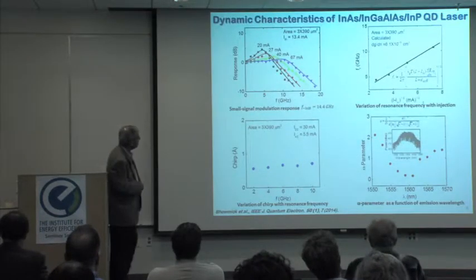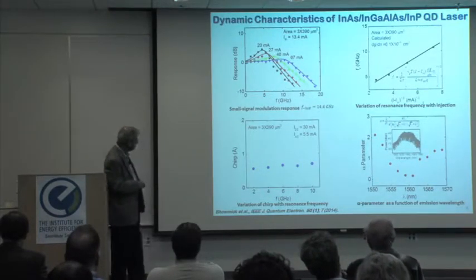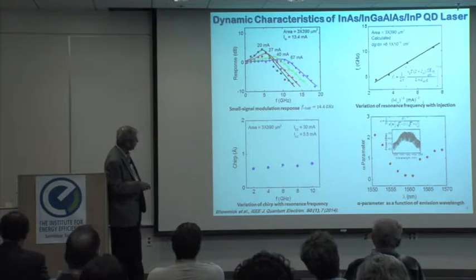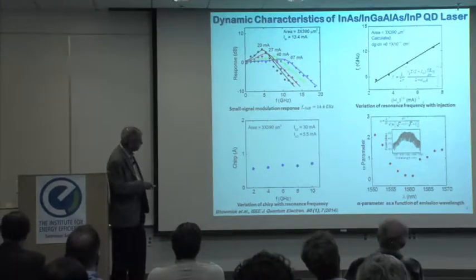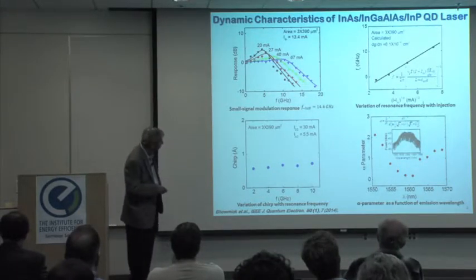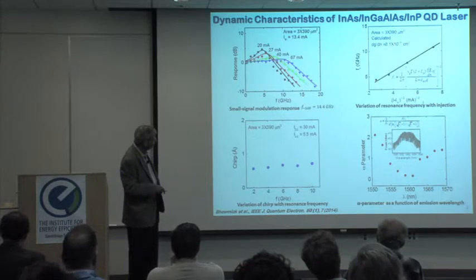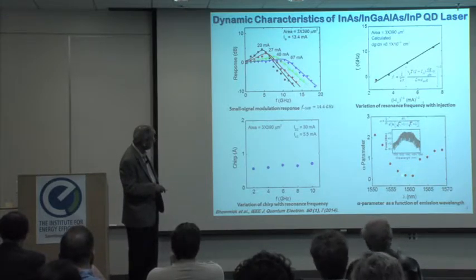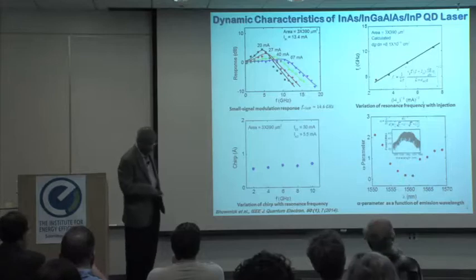You get good modulation bandwidths, very low chirp, and this is the result I really wanted to show. The alpha parameter shows this singular dip at the lasing wavelength.